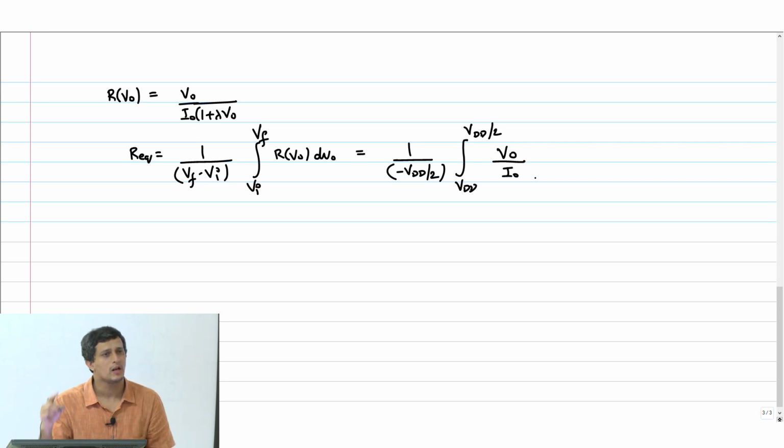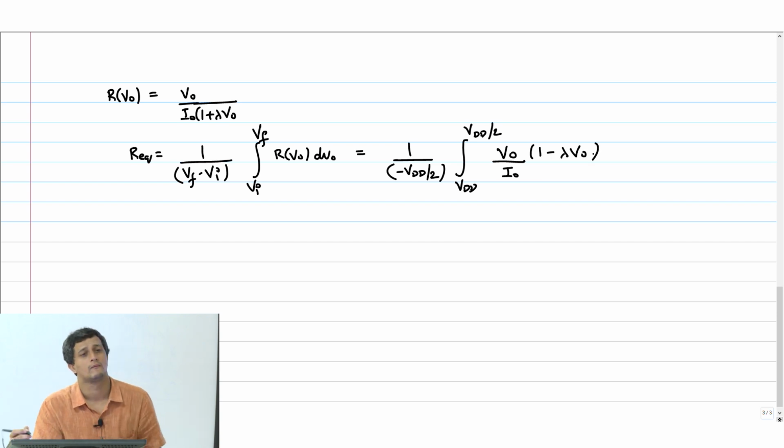right? That 1 by 1 plus lambda V naught I'm going to write as a Taylor series, because lambda is very small. I can expand this approximately as 1 minus lambda V naught, dV naught.